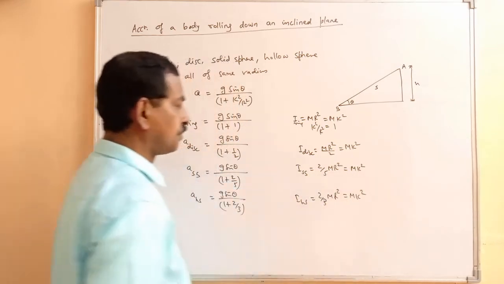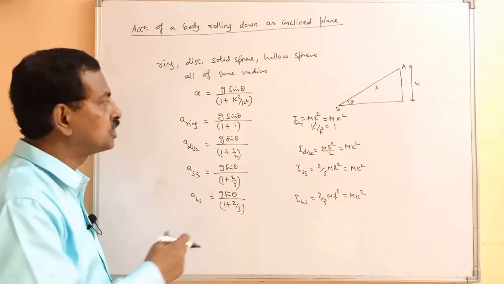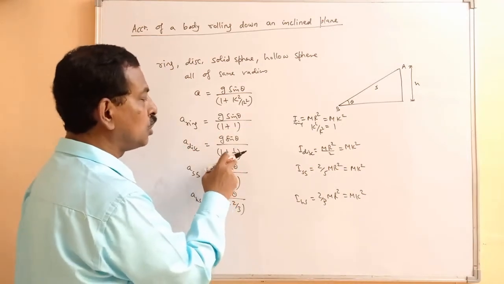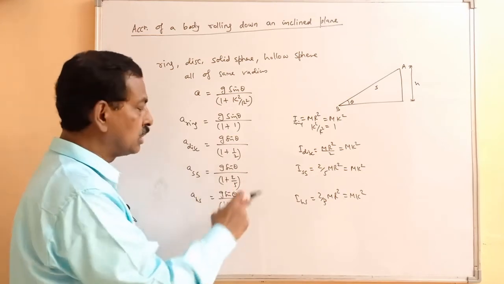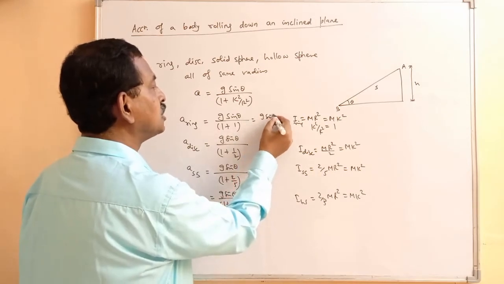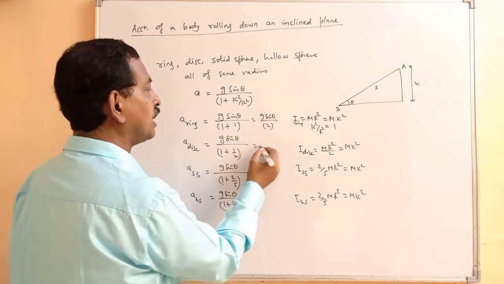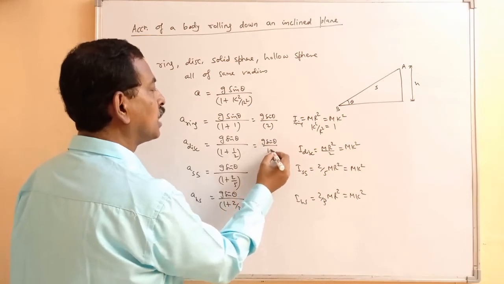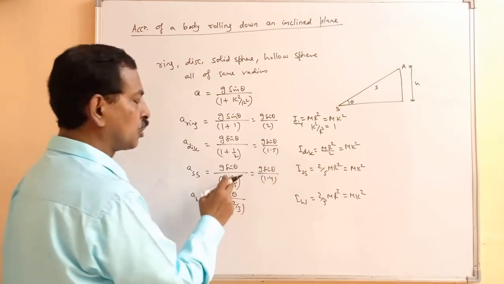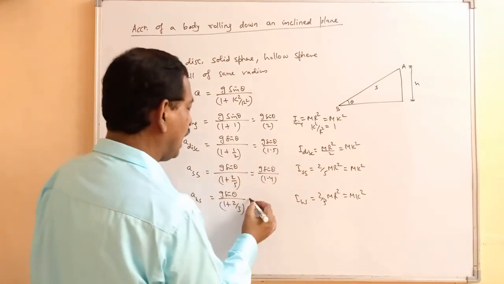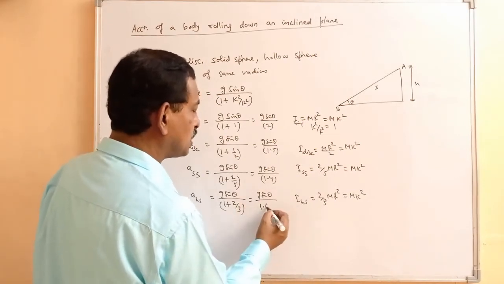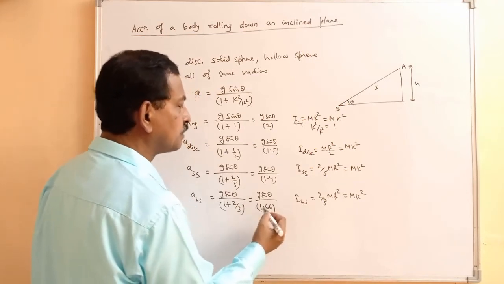That is the expression. Now you see, for the ring, it is 1 plus 1 in the denominator. For the disc it is 0.5, for the solid sphere 0.4, for the hollow sphere 0.6. That means this term is basically g sine theta by 2, this is g sine theta by 1.5, g sine theta by 1.4, because 2 by 5 is 0.4, and this is g sine theta by 1.66 or 1.67, whatever you take.